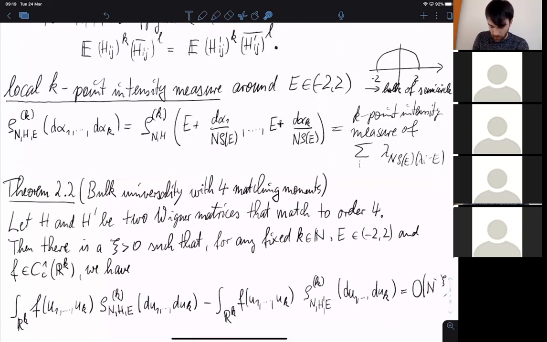You can also think of this as the k-point intensity measure of this rescaled process, where we center all eigenvalues lambda_i, which are the eigenvalues of H, around an energy E. So we subtract E. If you cannot read something, then of course you should complain.